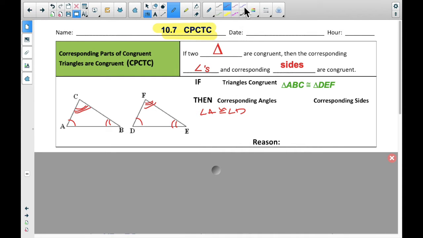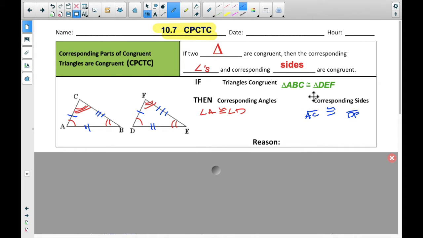We can also talk about the sides. And so we know if these triangles are congruent, then we should also be able to say that this side is congruent to this one, and this side is congruent to this one, and this side is congruent to this one. And so we can say that as statements also. We can say that side AC is congruent to side DF, and so forth.